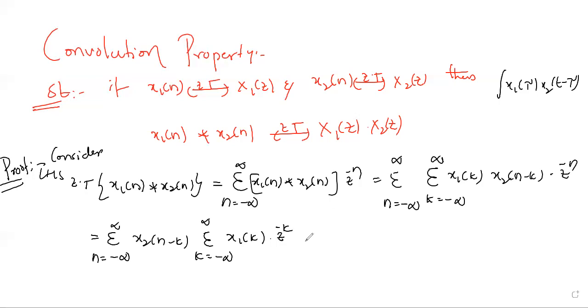Z power minus k and Z power k, Z power minus n we can write. Just observe here, extra term I am adding: Z power minus k into Z power k, Z power minus n.